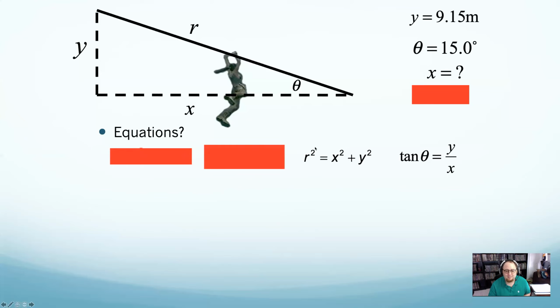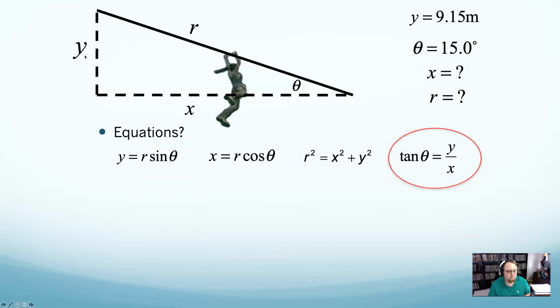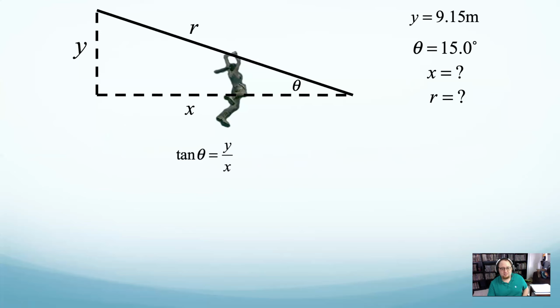Equation's gone. Equation 3 has an O in it. Don't know all. I have to use this last equation because that matches what I know. I know y, I know theta, I want x. And so I say, okay, there's my equation. The tangent of theta is y over x.